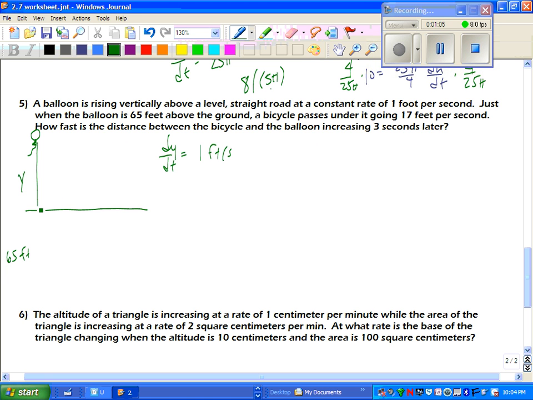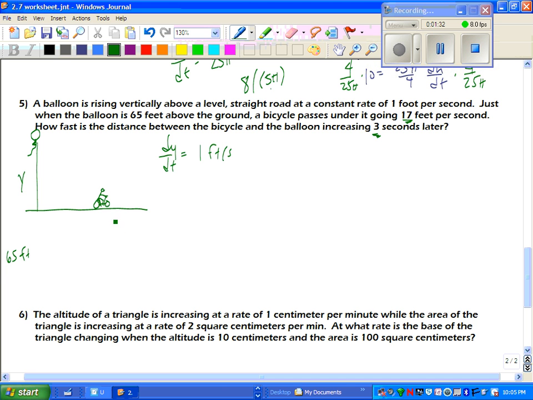So bike starts here. 3 seconds later, it's going to be past the balloon. After 3 seconds, going 17 feet per second, the bike is going to be over here. There we go, our lovely little drawing.